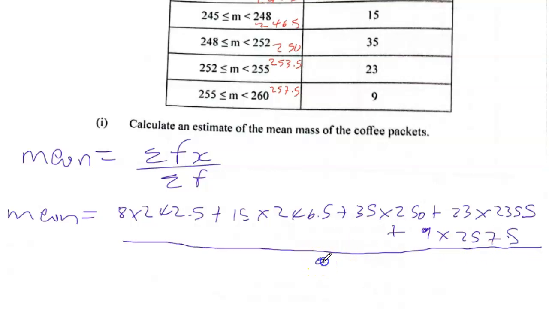So n is 90. So pause and do the calculation. I got for the mean 250.39, and the unit there was grams, right?